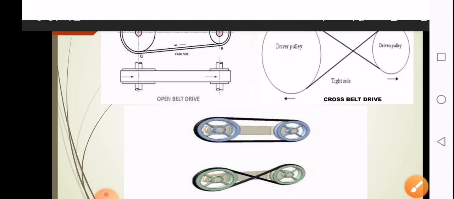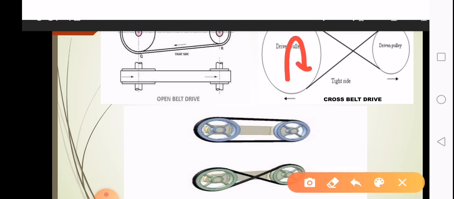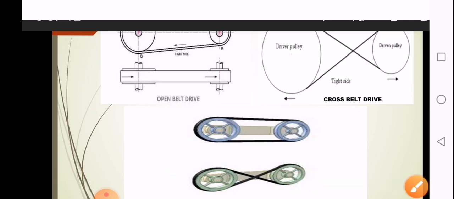In this case, if the driver shaft is rotating in the clockwise direction, then the driven shaft, you can clearly see, will rotate in the anti-clockwise direction. The schematic arrangement of the same is shown here, where in one case both will rotate in the same direction, and in the other case both will rotate in opposite directions.